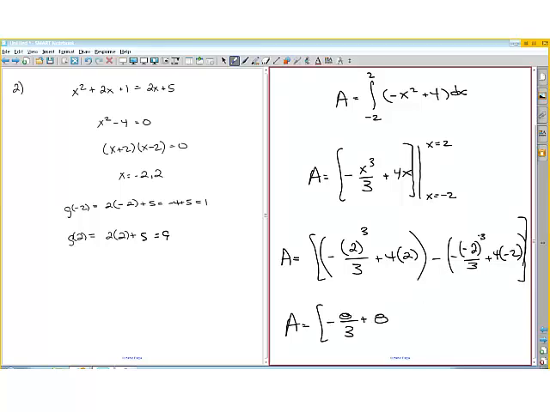And then negative 2 cubed is negative 8 times the negative sign is positive 8 times the negative sign is negative 8. So we get negative 8/3. And then we have negative 2 times 4, which is negative 8. Negative 8 times negative 1 is positive 8.